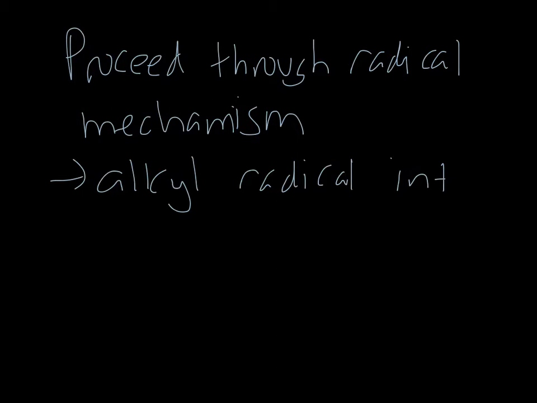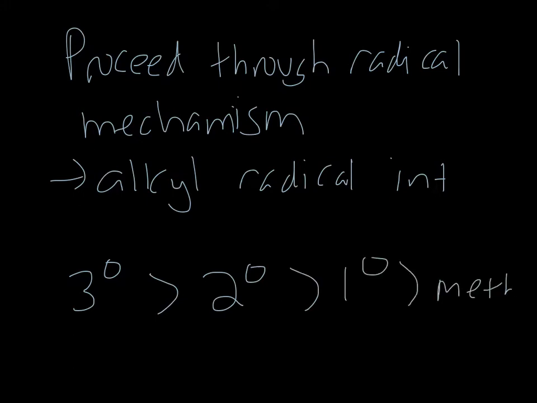And so, as we've talked about before, a tertiary radical is more stable than a secondary radical, than a primary radical, than a methyl radical. So radicals are much the same as carbons that have positive charges, and that the more substituted a radical, the more stable the intermediate. That will give the lower energy pathway, and so you would see, if there was a choice, a major product that was more substituted than one that was less substituted.